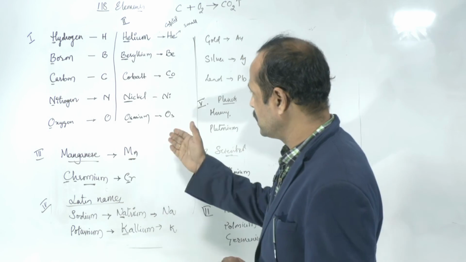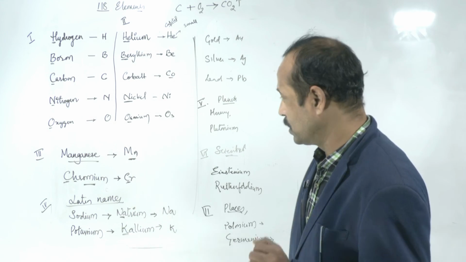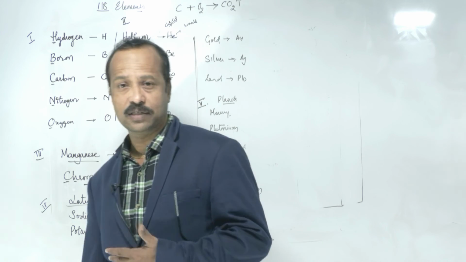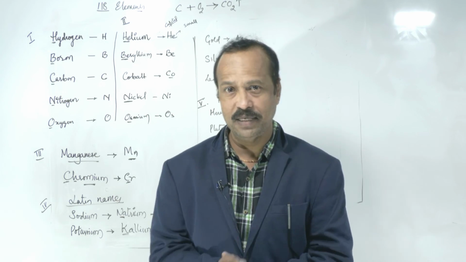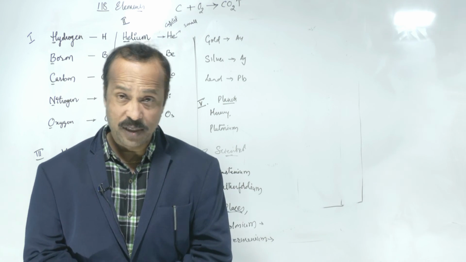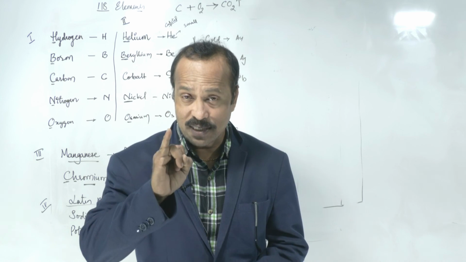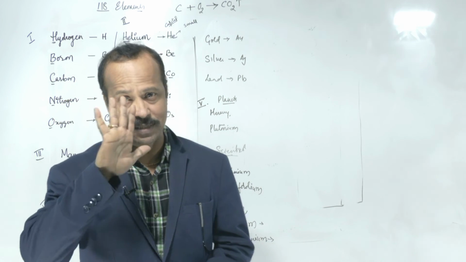Today I gave 20 element symbols to you. The first 20 you have to learn. These are some other elements we'll discuss. You are in 7th class, so no problem. We are going to start slowly, step by step. Today's work is to learn the first 20 elements, along with valency, atomic number, mass number, and their symbols.